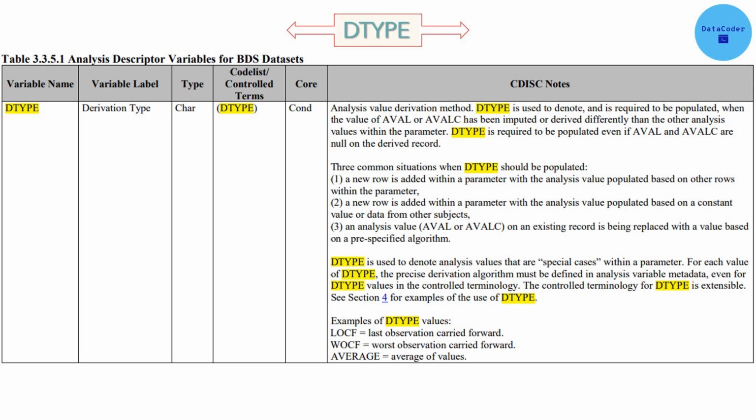So based on this, one of the methods is used to derive a missing value or to replace the existing value of AVAL or AVALC within a parameter.